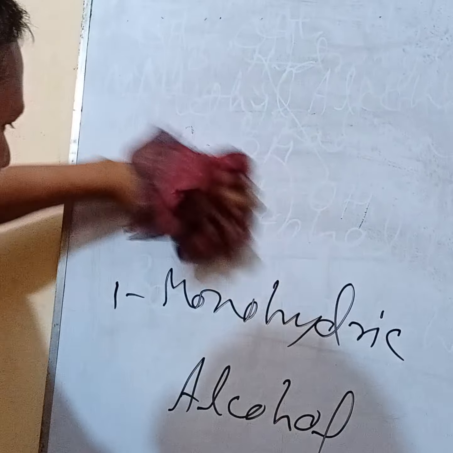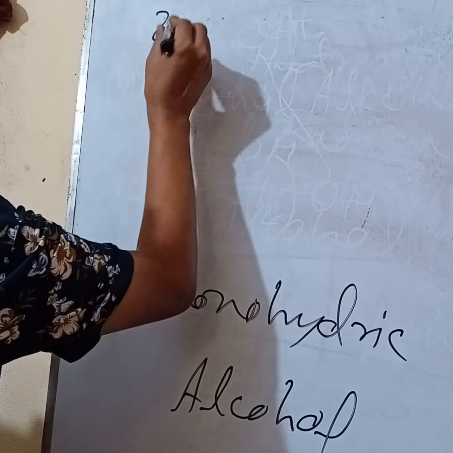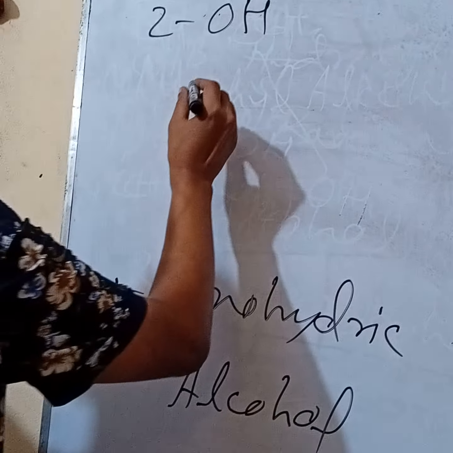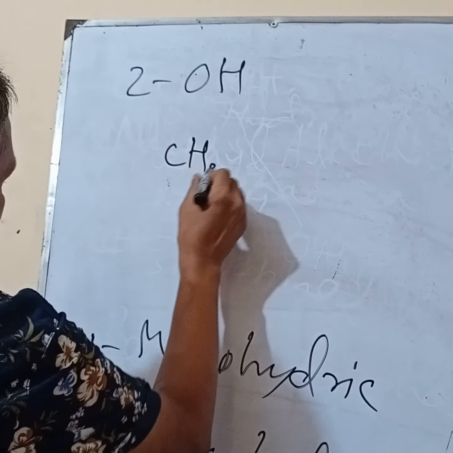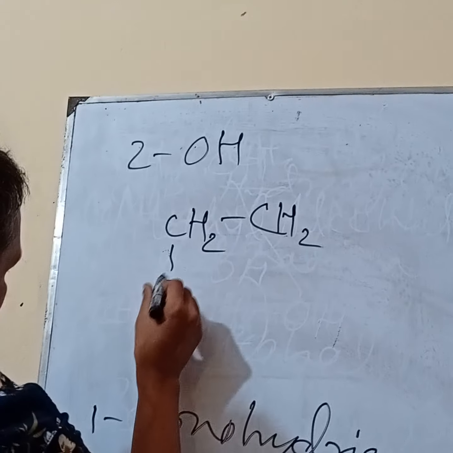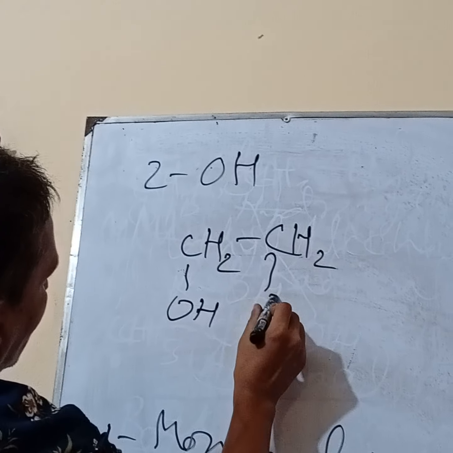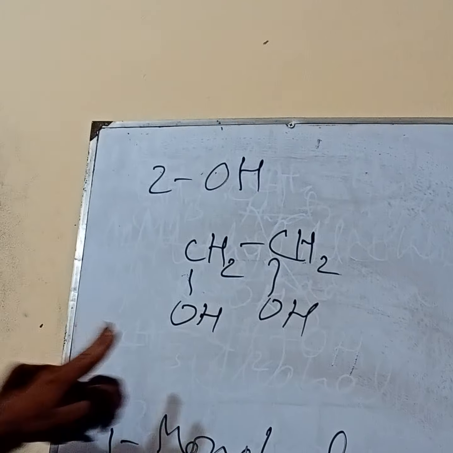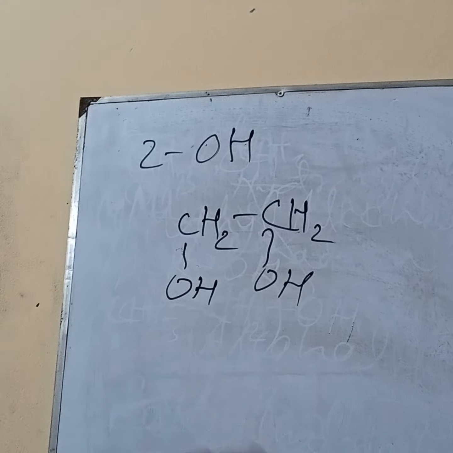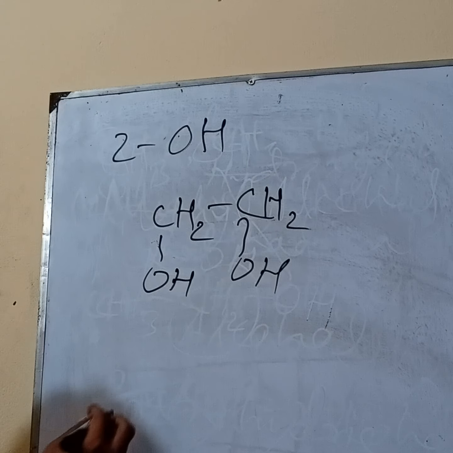What? If there are 2 OH hydroxyl radicals, it must be this system, OH. There are 2 hydroxyl radicals. I mean alcoholic radical.